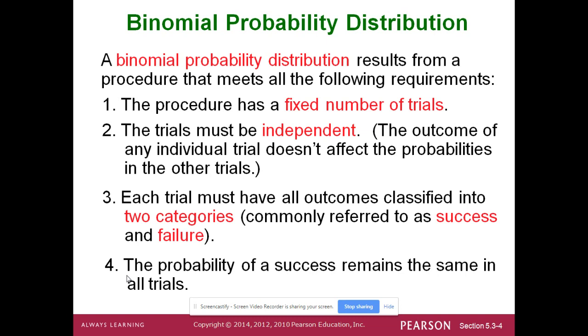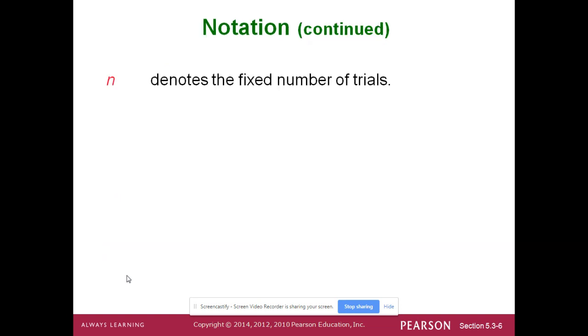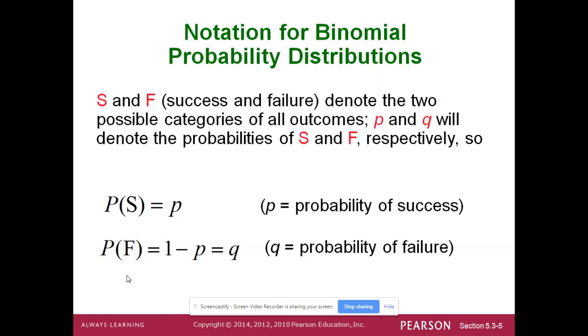It's going to become more important as we get more distributions as we go forward from here. All right. Success and failure: probability of success, P of S, lowercase p is what we use a lot of times. Q is the probability of failure. So if you see the letter Q, you're talking about failure. That's 1 minus the probability of success. Lowercase p, probability of success; lowercase q, probability of failure.